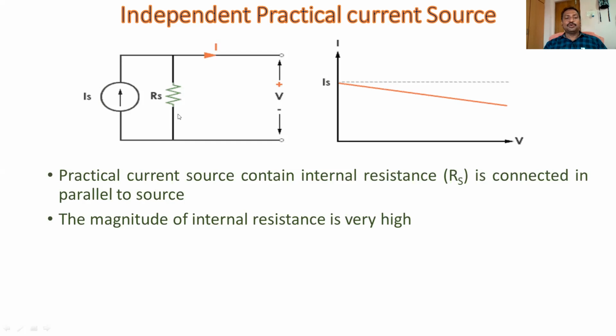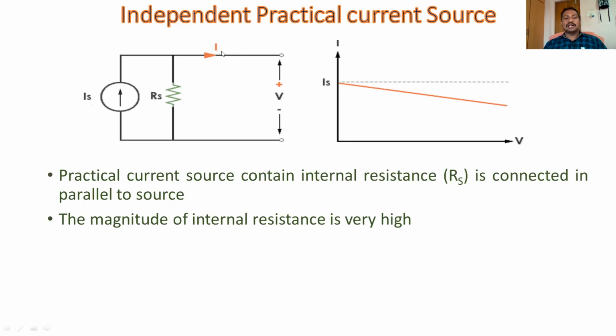But the magnitude of this internal resistance should be very high. Why? To maintain the output current as desired, or as equal to the source current. Otherwise, if the internal resistance is maintained at a low value, the output current is very, very small when we compare it with the Is value.